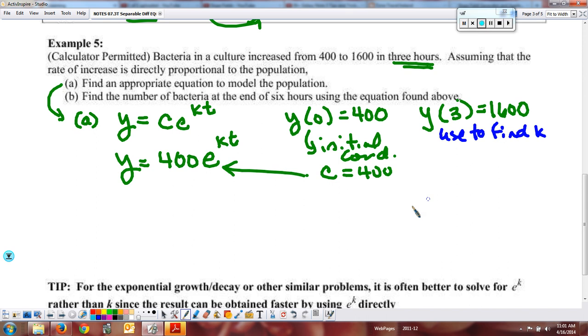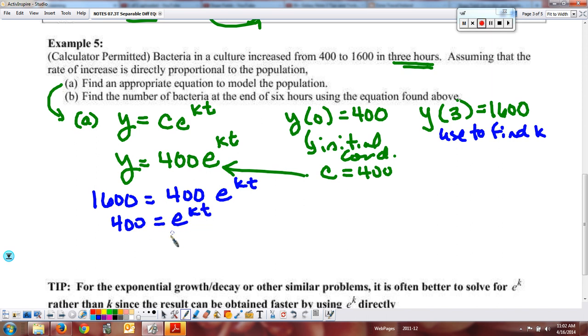And so basically I'm just going to plug it in and solve for k. 1600 equals 400 e to the kt. Divide by 400. So 4 equals e to the kt. And you know a little bit of your log solving. Natural log of 4. Oh, I forgot to plug in 3 for my t.